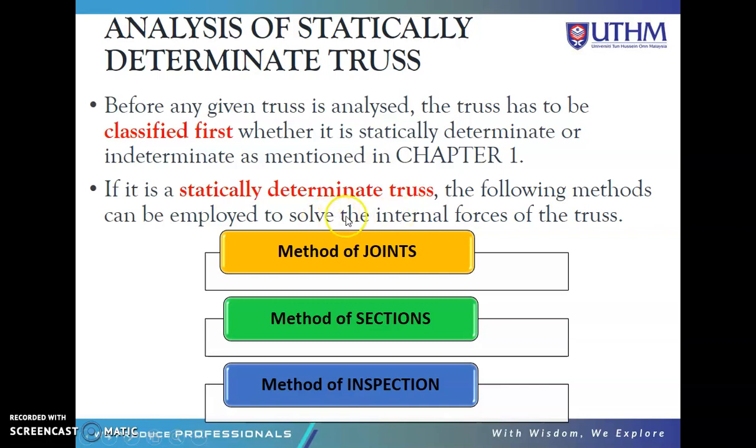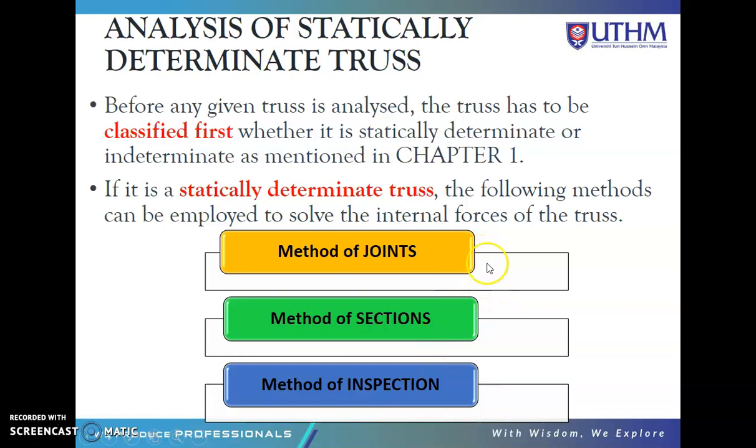So we need to solve the internal forces of the truss. There are 3 methods here, which are the first one, the method of join, then the method of section, and lastly the method of inspection.